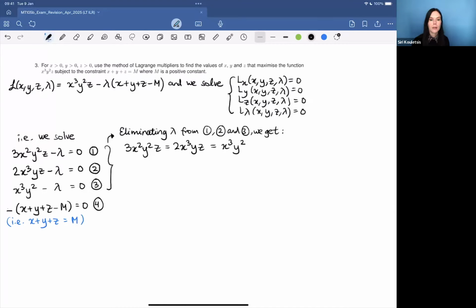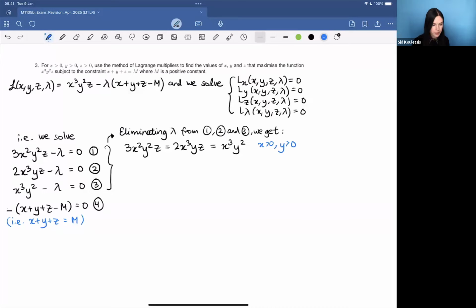And now we need to simplify this further. And recall, we are given in the question that x, y, and z are all positive. So in particular, x and y are positive. And so we can do the following.